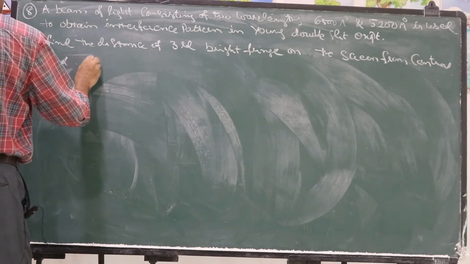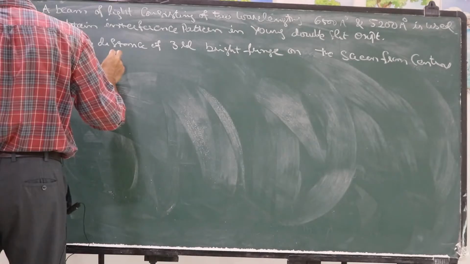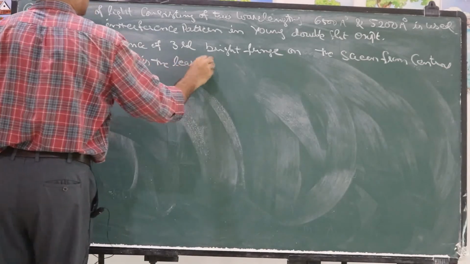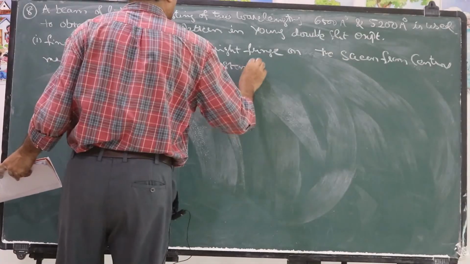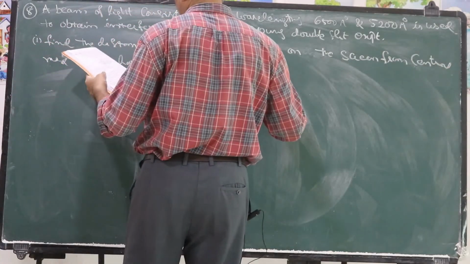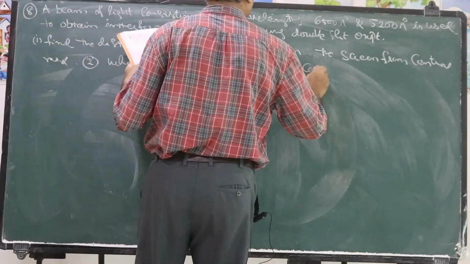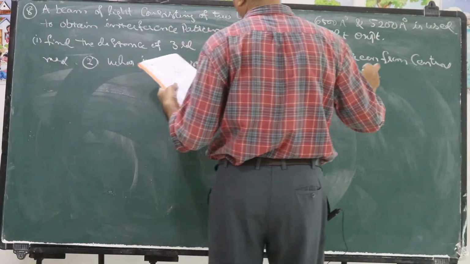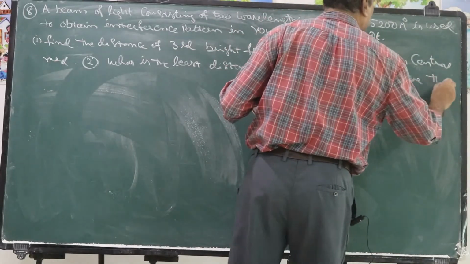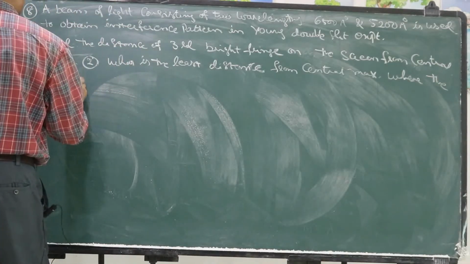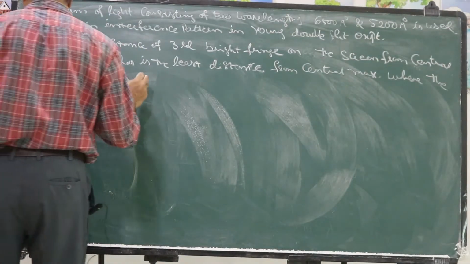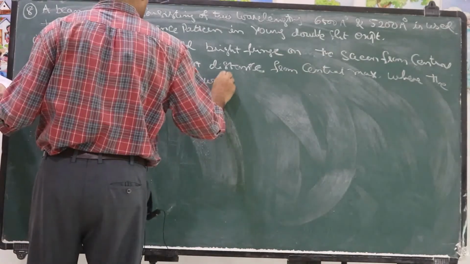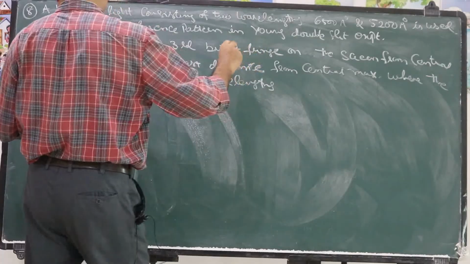And second one, what is the least distance from central maximum where the bright fringes due to both wavelengths coincide?